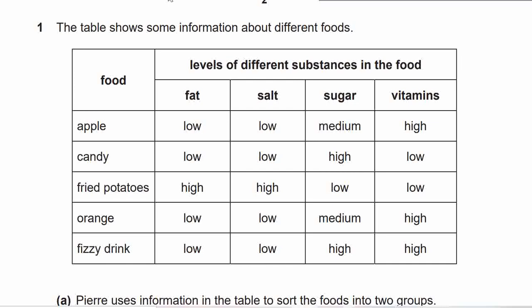This is number 1. The table shows some information about different foods: apple, candy, fried potatoes, orange, fizzy drinks. Levels of different substances in the food: fat, salt, sugar, vitamins. There's low or high for each.